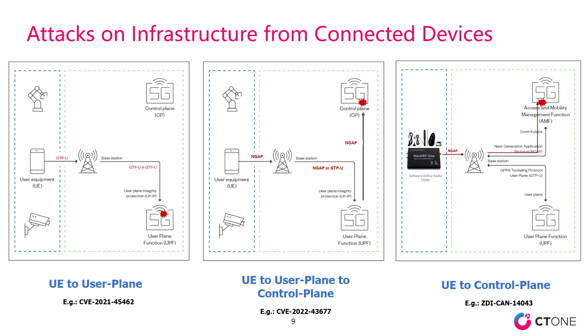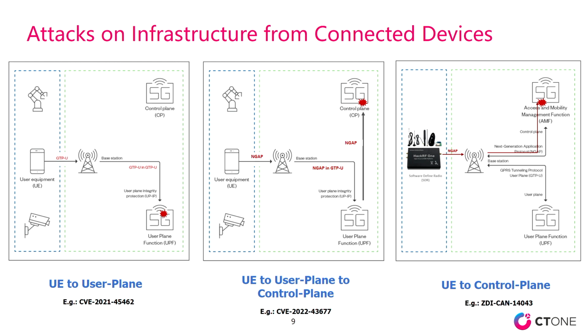And this will be a tunnel in the GTPU, goes to the user plane, and if the user plane and the control plane isolation is weak, this packet can cross over to the control plane and crash here. So this is also a real case. We have already seen this in action.